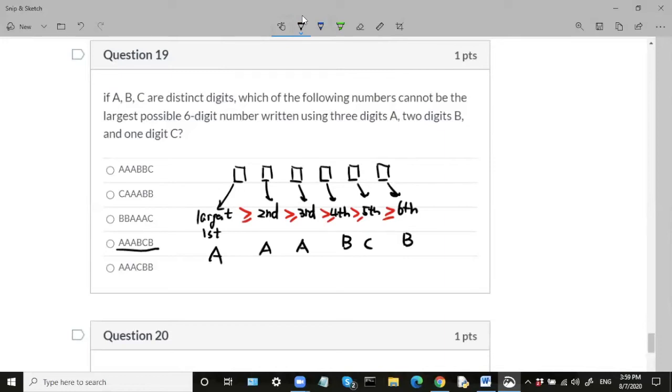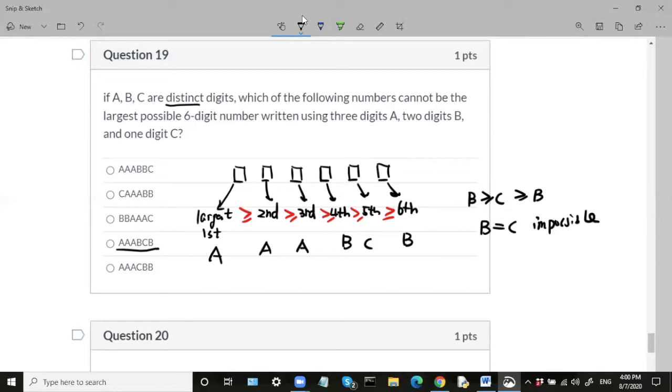According to this relationship, we'll have B greater than or equal to C and C greater than or equal to B. So only when B equals C could this inequality be satisfied, and we know B and C are distinct digits, so that's impossible. So that means this one, we won't have as the largest possible 6-digit number AAABCB.